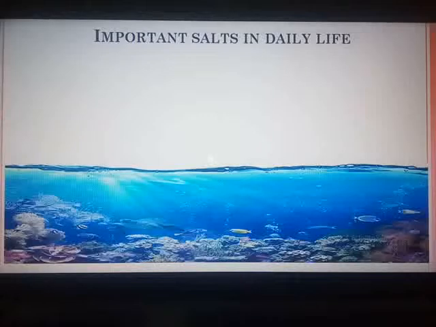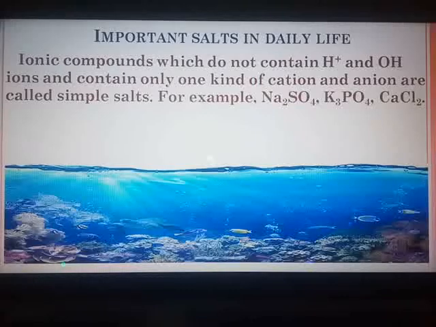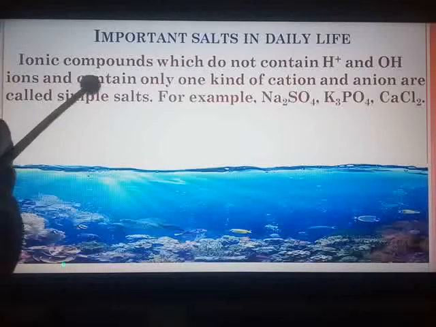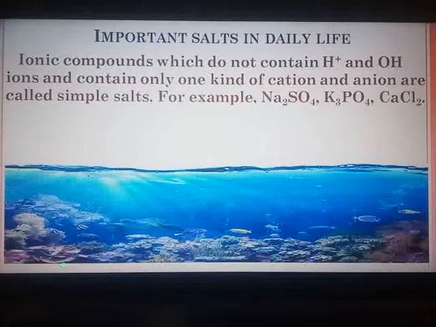About the salts. Now you all know that ionic compounds which do not contain H+ and OH- ions and contain only one kind of cation and anion are called simple basic salts.